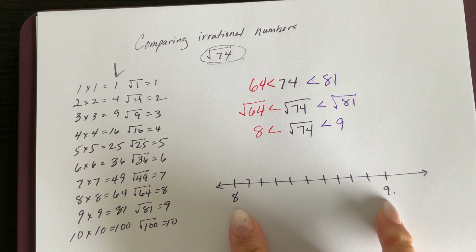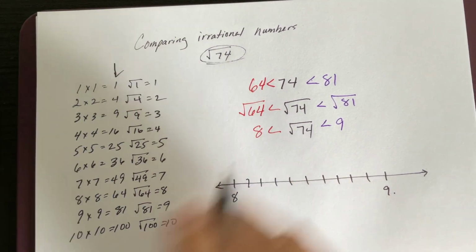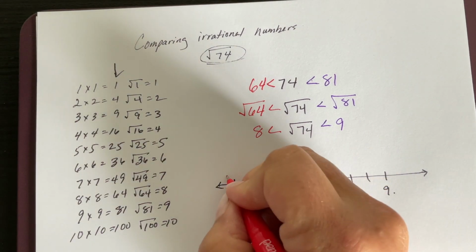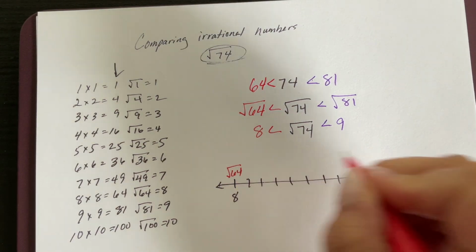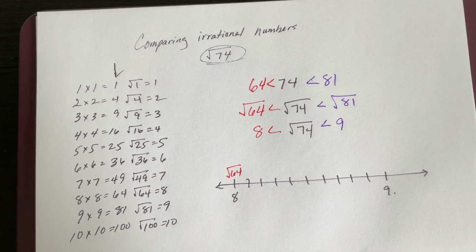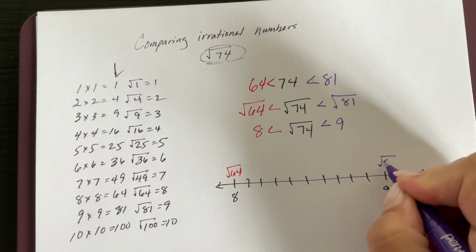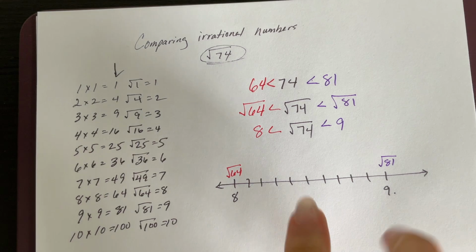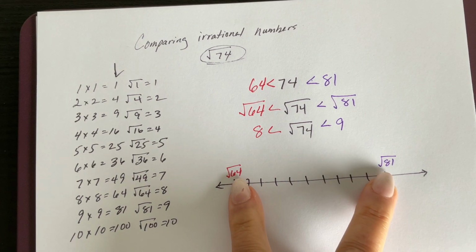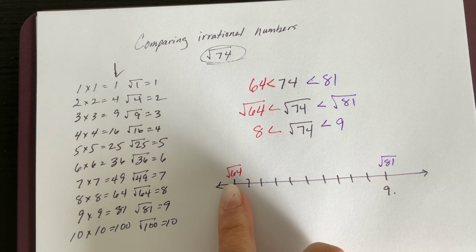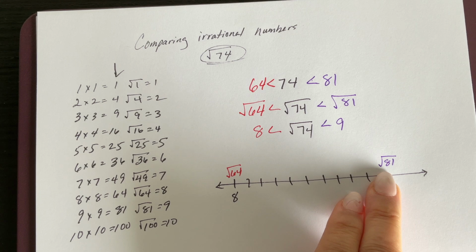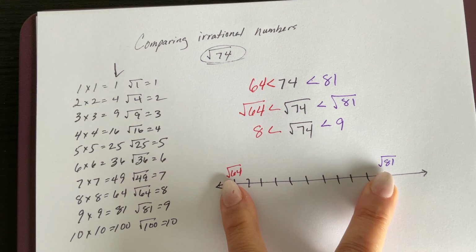Somewhere between here and here, because this is the square root of 64, and that is the square root of 81. 74 is somewhere between here. Ask yourself, is it closer to 64 or 81?